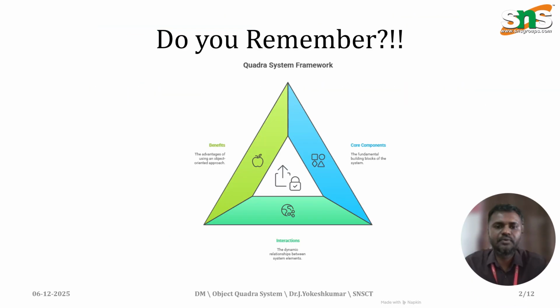In the Object Quadra System, we are going to discuss the core components used in the system, which are the fundamental building blocks of the system. Next, we are going to discuss the various interactions of the system, related to the dynamic response of the system and the elements in the system, and the benefits of the system in terms of advantages.